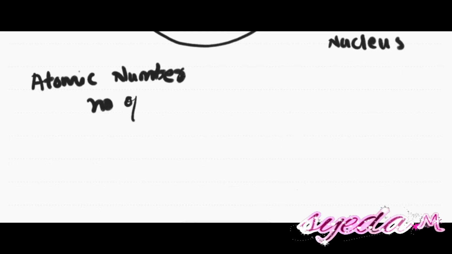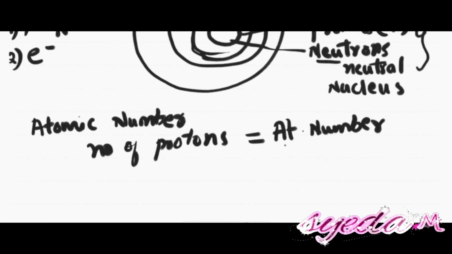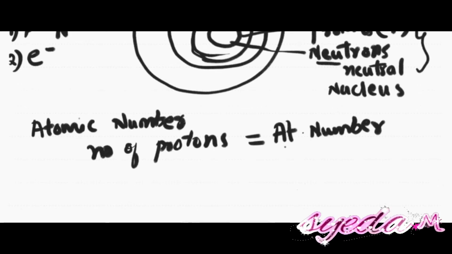Now, what do you understand by atomic number? The number of protons. So this is equal to what? Atomic number. We know this, right? Now, if you consider the entire structure of an atom that we have seen, the number of protons, which is positively charged, will be equal to what?